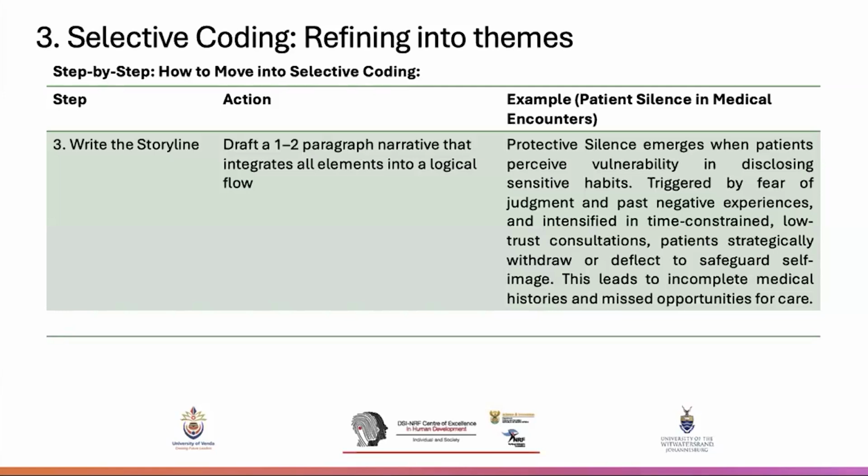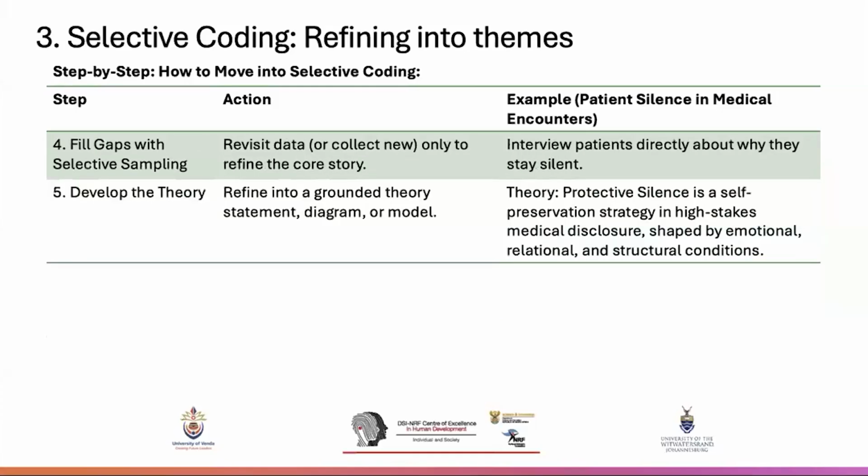And this is how you start applying all these 3 steps so that you can start making meaning of the data and interpreting it, so that this would now lead to what we call developing a theory around what actually led to this patient not receiving the care that they deserved.